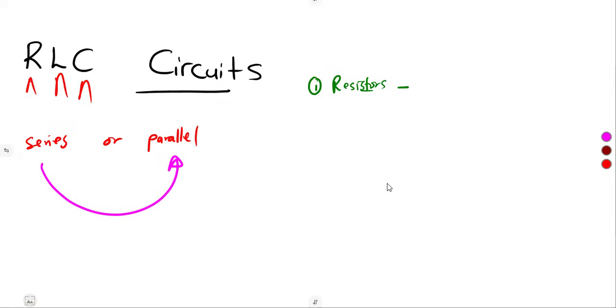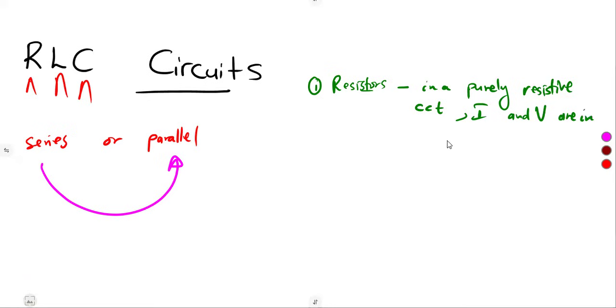Remember, we are relating voltage and current. So, in short, in a purely resistive circuit, current and voltage are in phase. That's the major part.